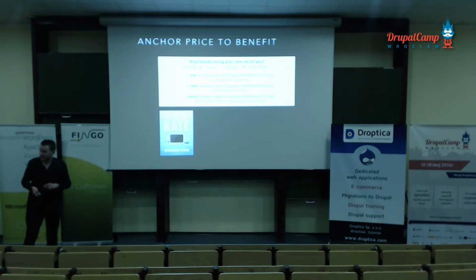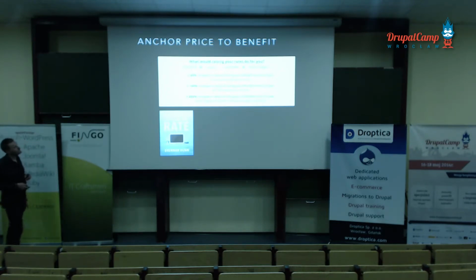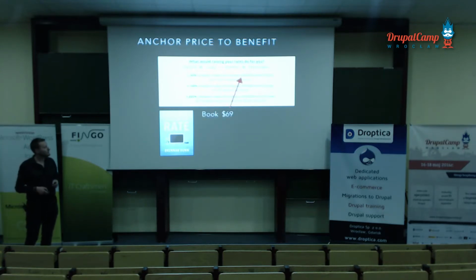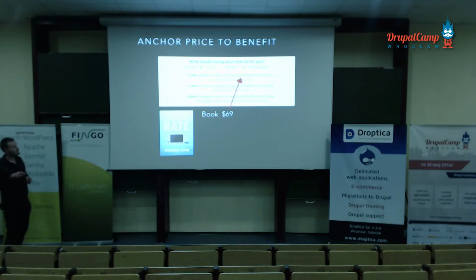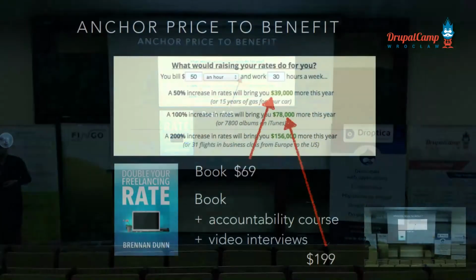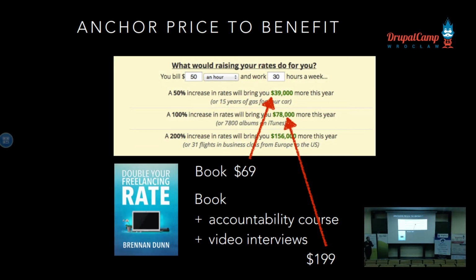So at this point you're thinking that's quite a lot of money. I could do with that. That sounds quite nice. And then you look at the price of the book, $69. On its own, it's a very expensive book, but you're comparing it to the potential financial upside that you could get from using the information from the book.